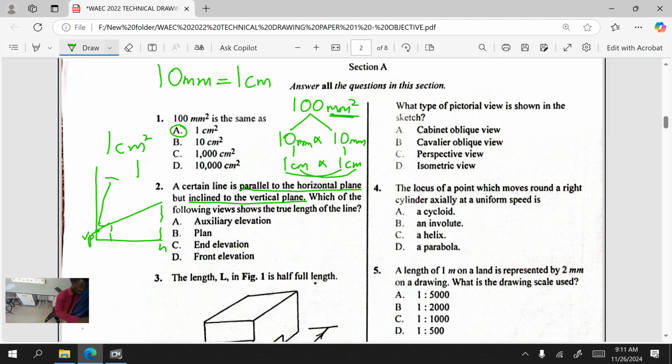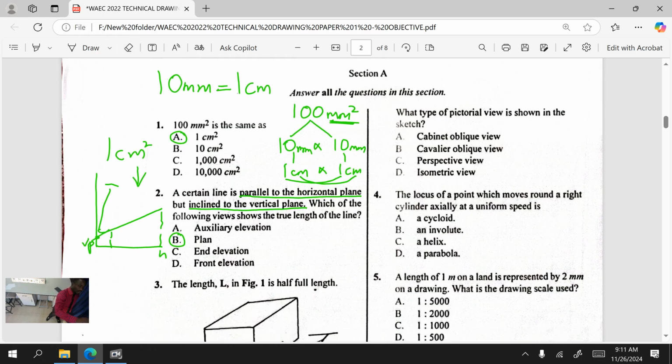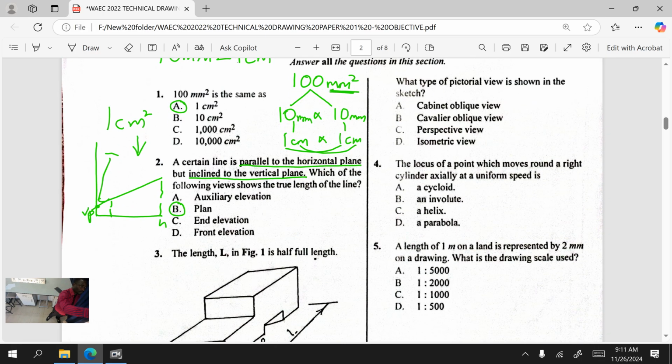It is only when you are looking at it from the top that you will see the true length of the line. So the answer to this question is the plan. It is when you look at it from the top that you will get this length.